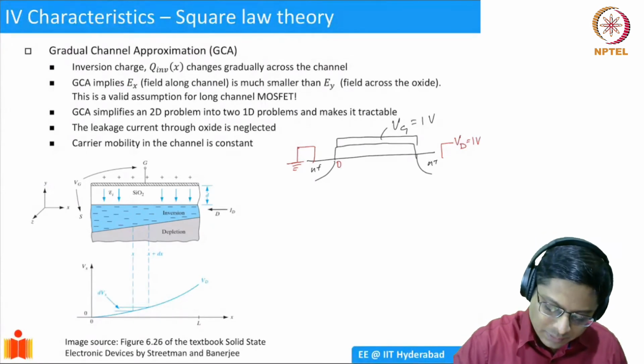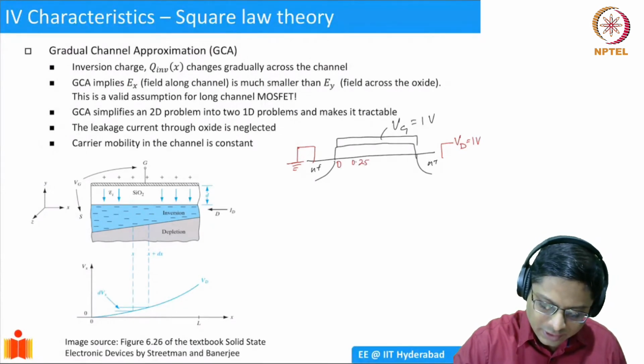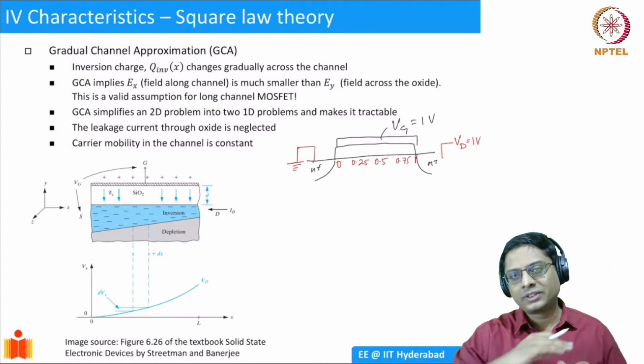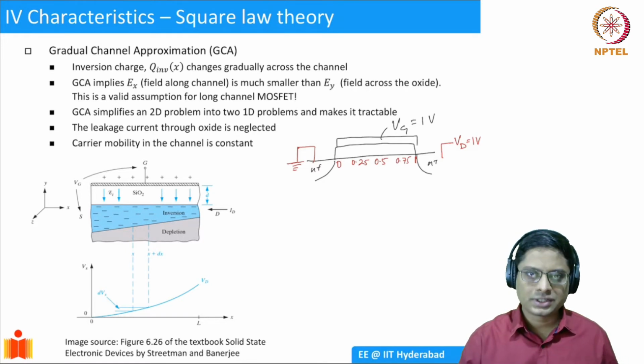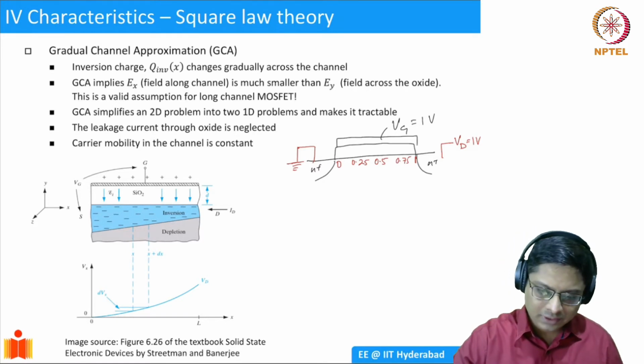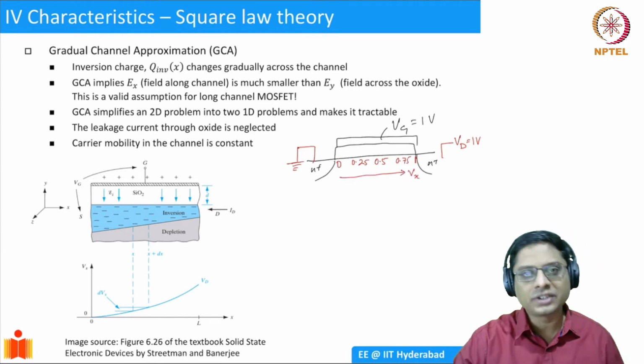Somewhere in between it is 0.25, somewhere else it's 0.5, 0.75, and 1 volt when you come to this end. So essentially there is a variation of voltage across the channel, which we called Vx.